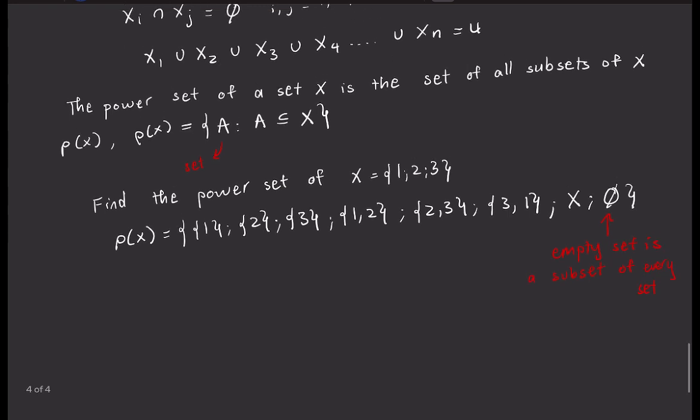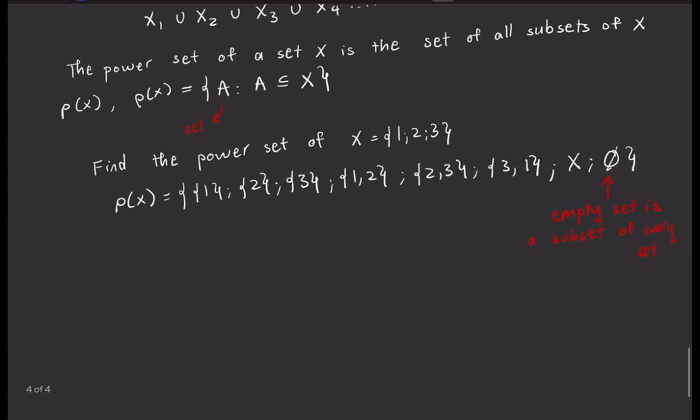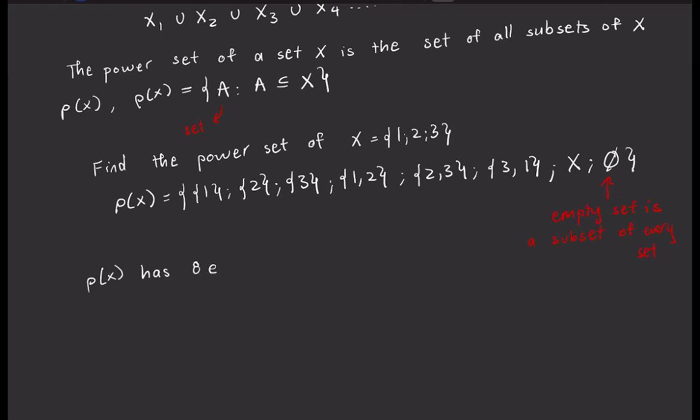So we see that rho X has 8 elements, which is exactly 2 to the power of 3 elements.